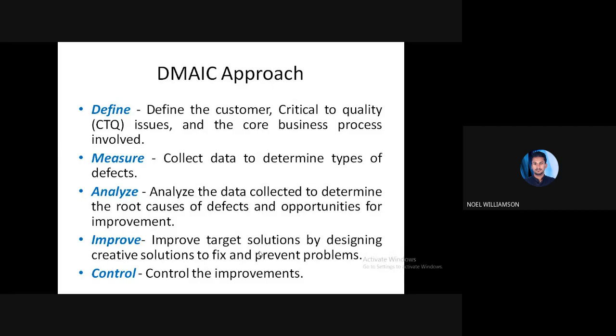Define who the customers are, what the requirements are, what the expectations of the customers are, and define the project boundaries, starting and stopping of the process, etc. Everything should be defined. That is the define step.